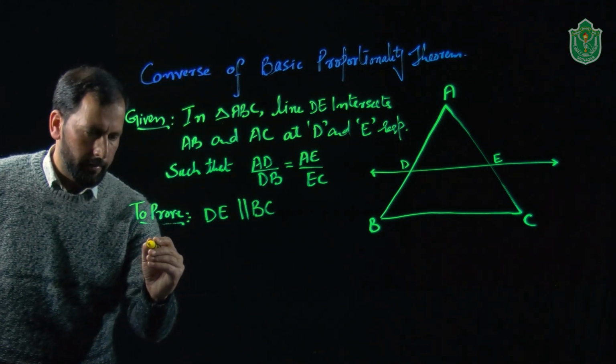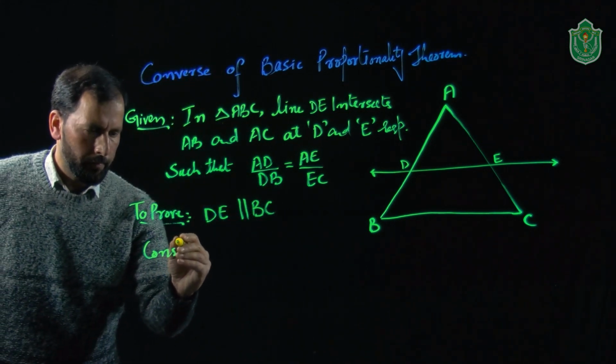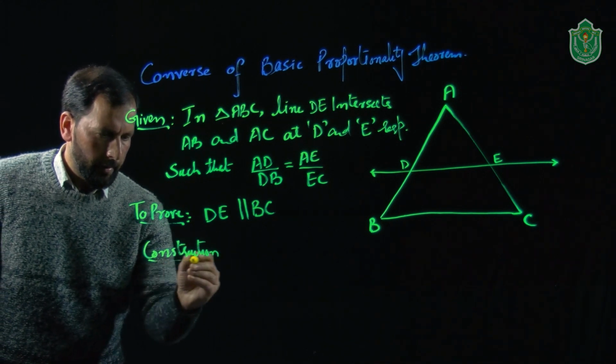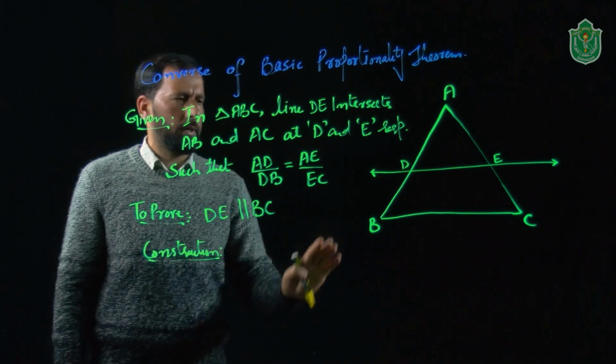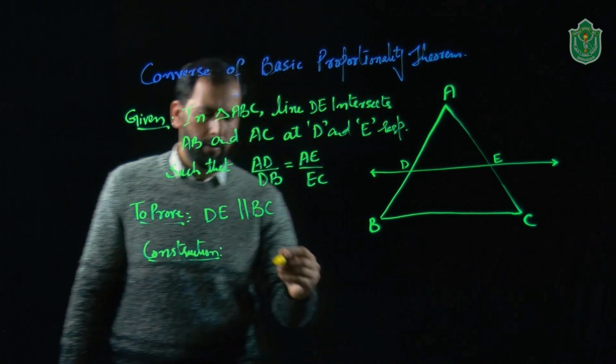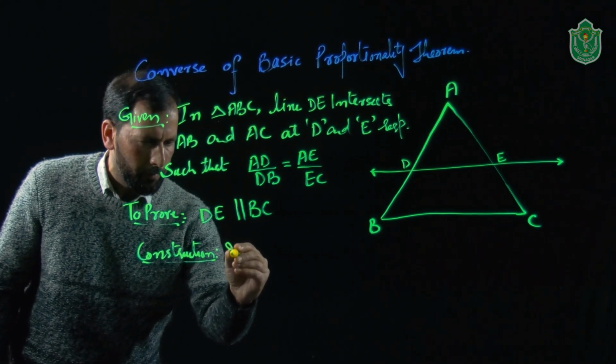Now the construction. If possible, suppose DE is not parallel to the side BC.